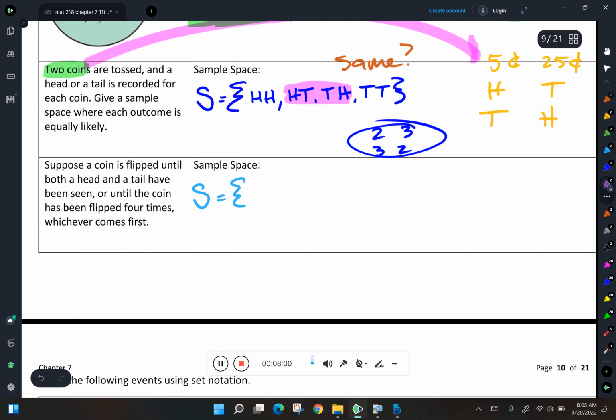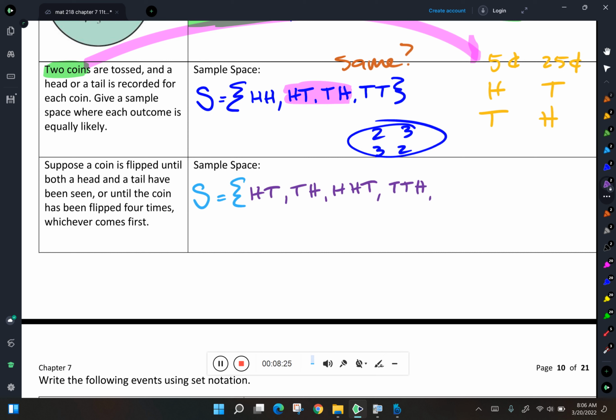So I have to flip it at least 2 times. So I think the smallest could be those two, head first then tail, or tail first then heads. Or you could have head, head, tail. That would be 3 flips to get both a head and a tail. Or it could be tail, tail, and then a head.